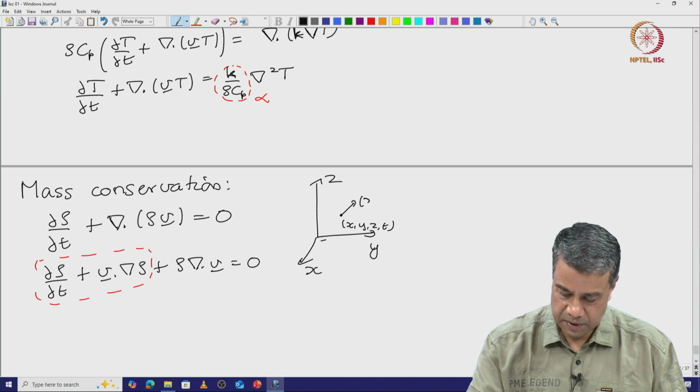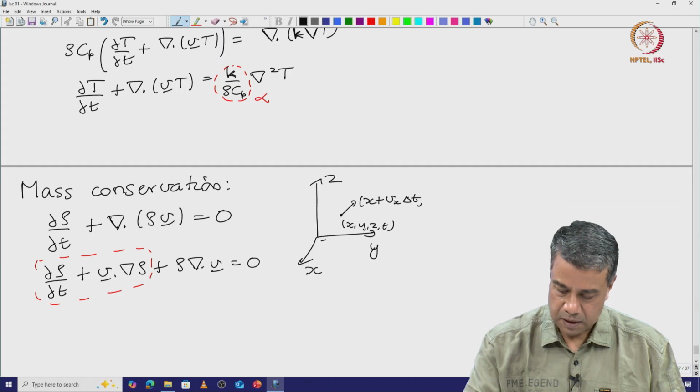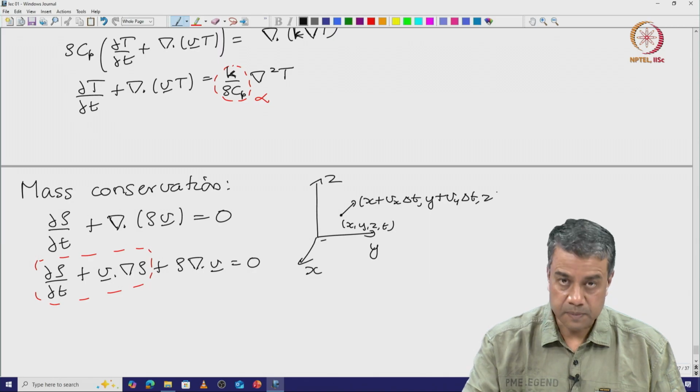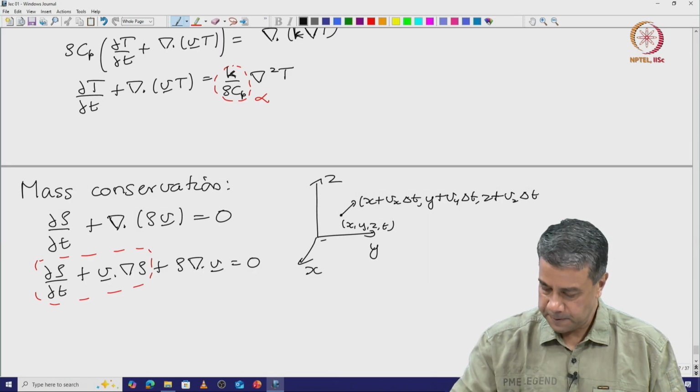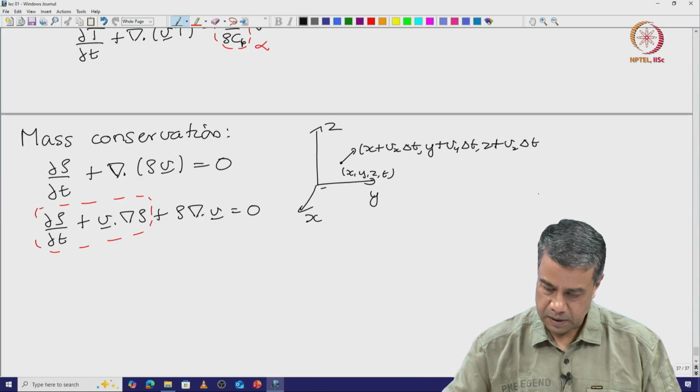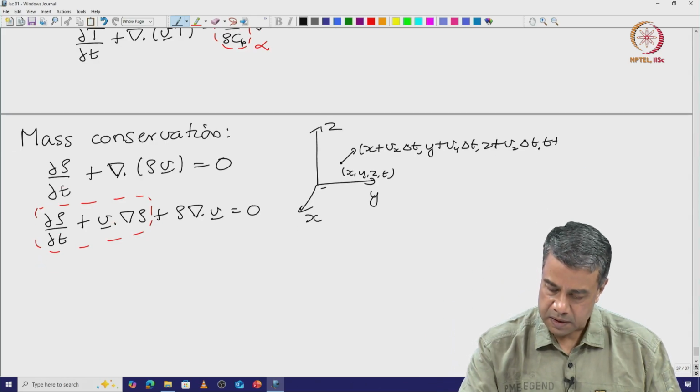That location is given by x plus Vx delta t, y plus Vy delta t, z plus Vz delta t, comma t plus delta t.